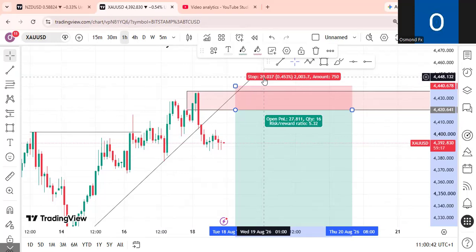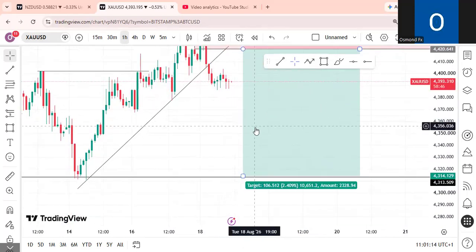If you use 0.03, you're going to be multiplying this 20 here by 3, which is going to give you 60. If you use 0.04, you're going to be multiplying this 20 by 4, which is going to give you 80. If you use 0.05, you're going to be multiplying this 20 by 5, which means you're going to be risking about $100.